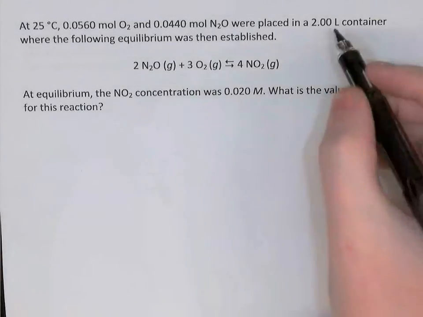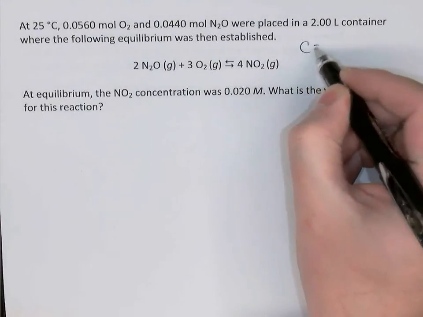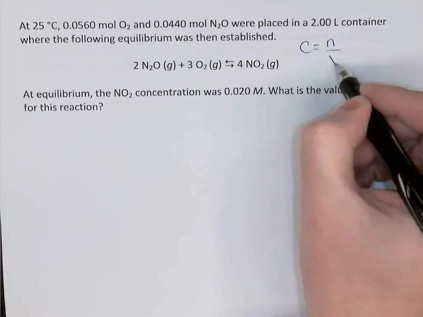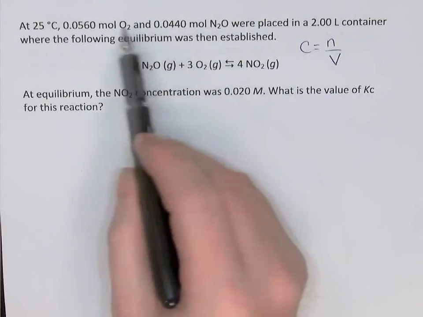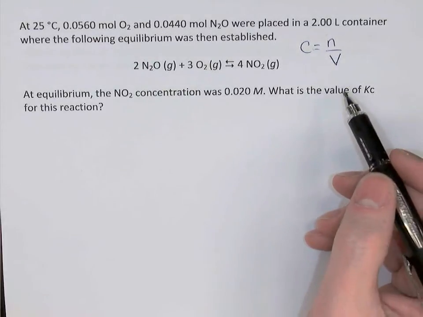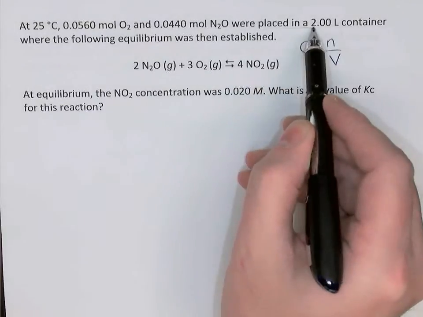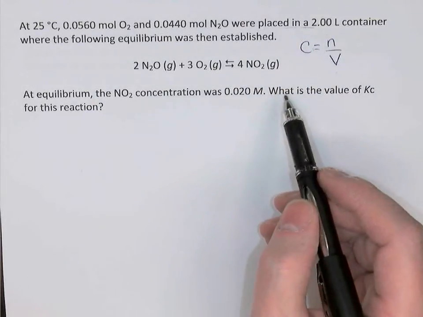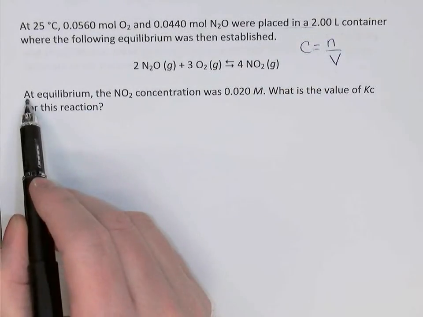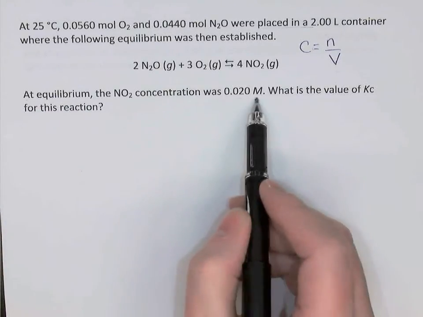The first thing I'll notice again is that this information in the first sentence is going to need to be converted to concentrations. We have moles and we have a volume, so C equals n over V for finding concentration. Those were placed into the vessel, so those are the initial conditions. And then down here we see this important phrase, at equilibrium, the NO2 concentration was this.